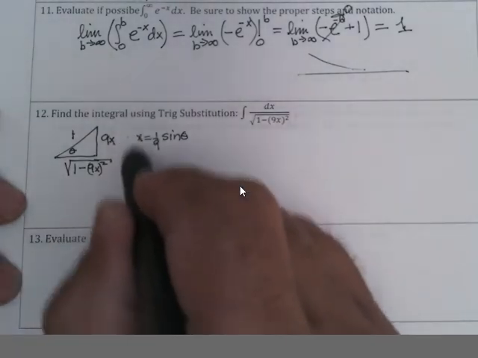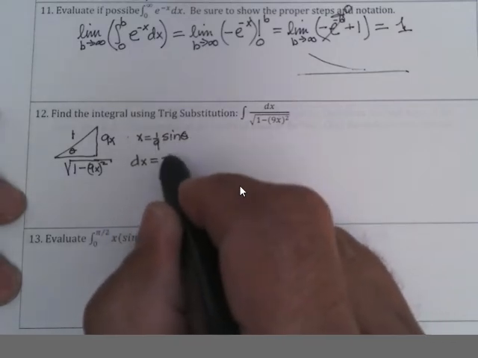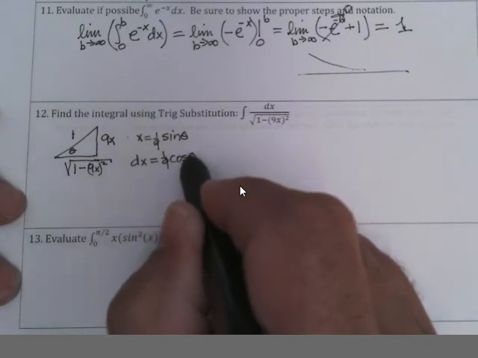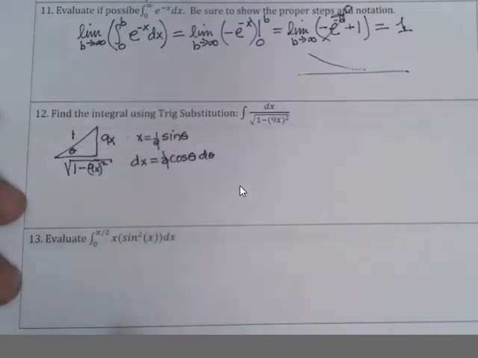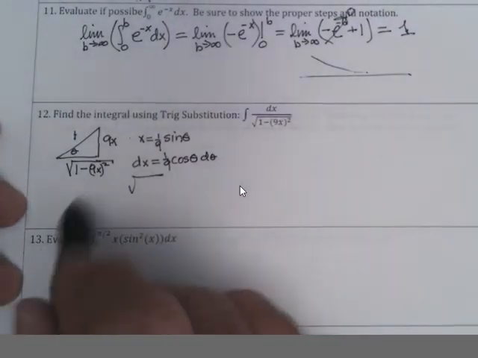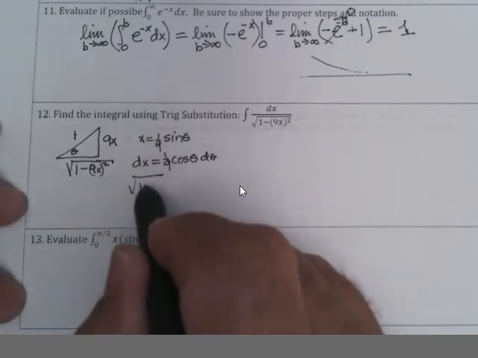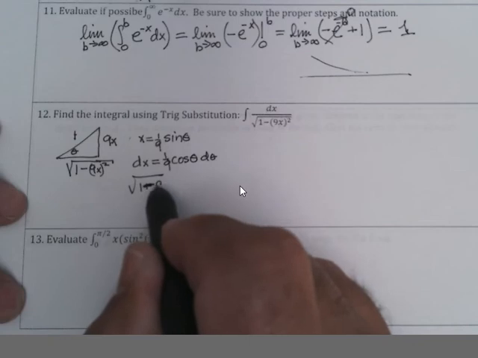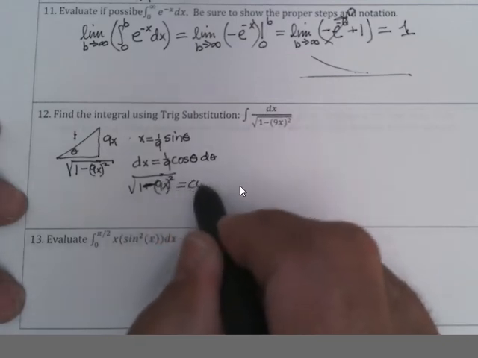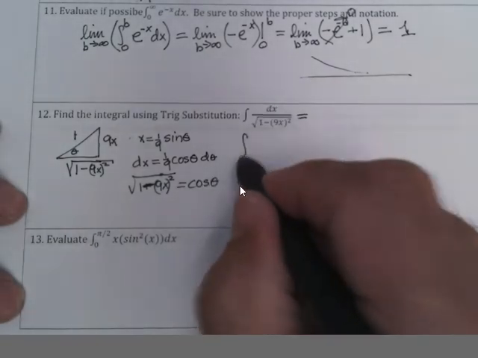Then we need to find dx, so the derivative of sine is cosine, so it's 1/9 cosine theta d theta. Don't forget to write the d theta on that. And then the square root of 1 minus 9x quantity squared, that would be adjacent over hypotenuse, which over 1 is the cosine of theta. So this becomes the antiderivative.